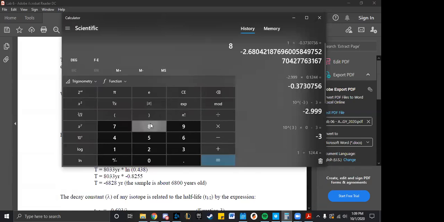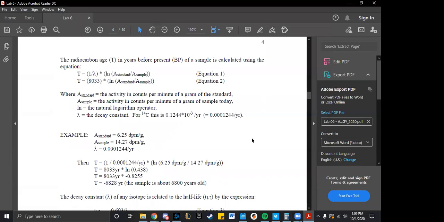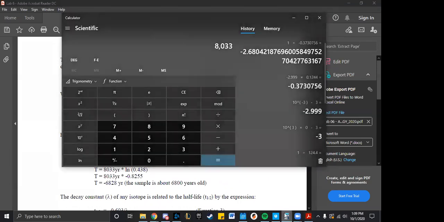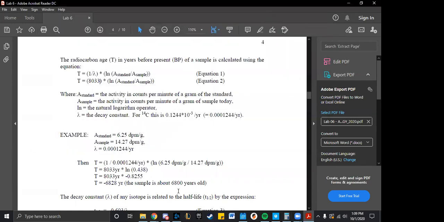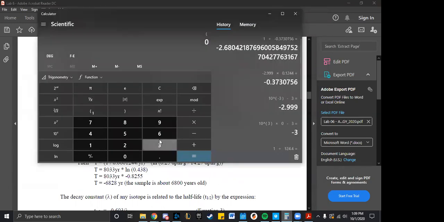So it wants us to do 8033 times the natural log of origin divided by sample.